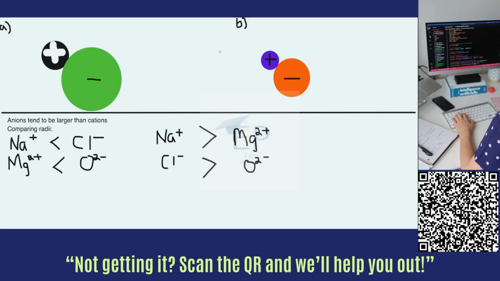When we look at the pictures, we see that in A, both the cation and the anion are larger than the cation and anion of B. Therefore, A must be sodium chloride, and B must be magnesium oxide.